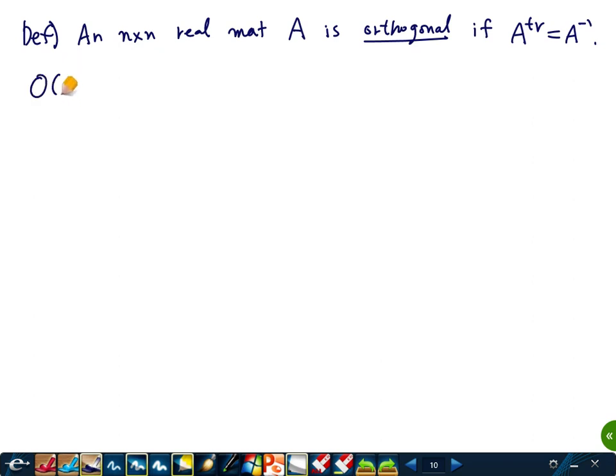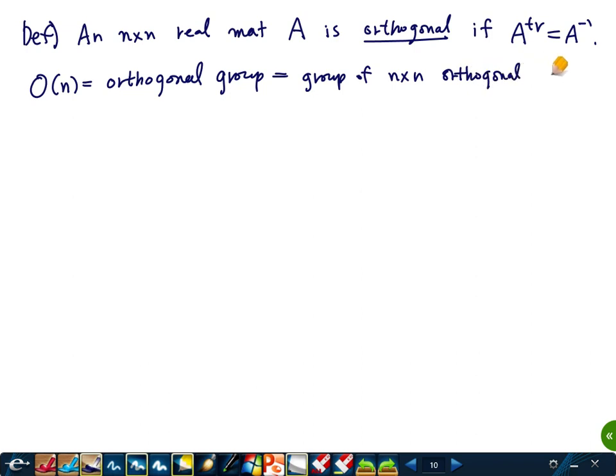And O(n) is the orthogonal group, the group of n by n orthogonal matrices. So orthogonal matrices are real matrices. But if every entry in a unitary matrix is real, then it is in fact orthogonal, because the adjoint is really the same as the transpose.